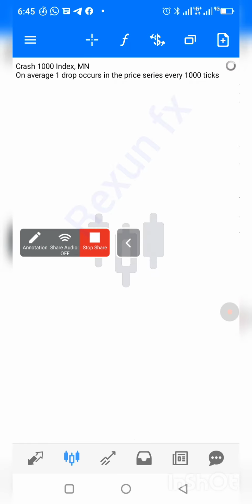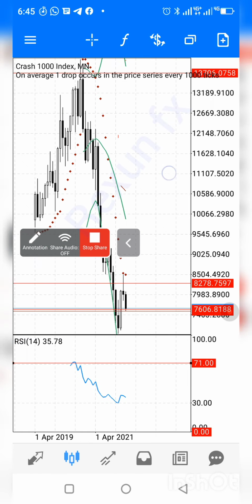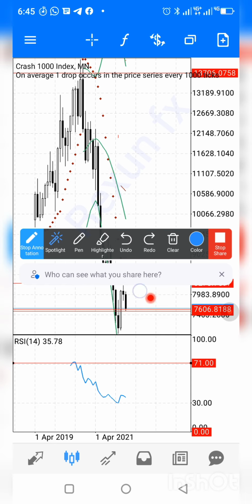The monthly time frame is showing that the crash 1000 has achieved its lower low, or probably lowest low since the inception of the instrument. In this region, spikes are very risky.